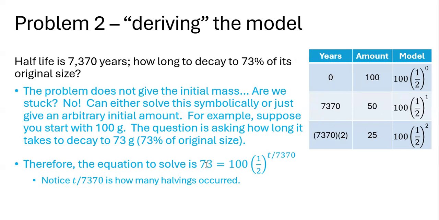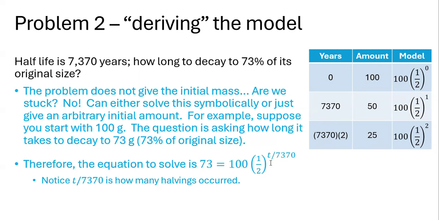We want 73 grams, the final value. Even if we don't memorize the formula, we can get it from here, because 100 equals 100 times half to the 0, and 50 equals 100 times half to the first power. This is where I'm getting all this. So we essentially want 73 in this column.